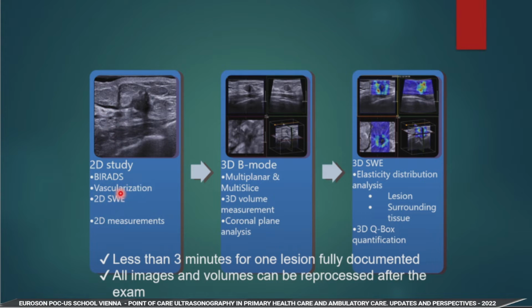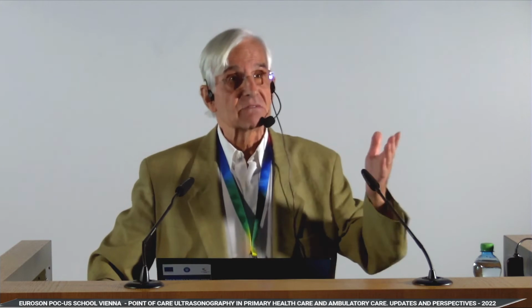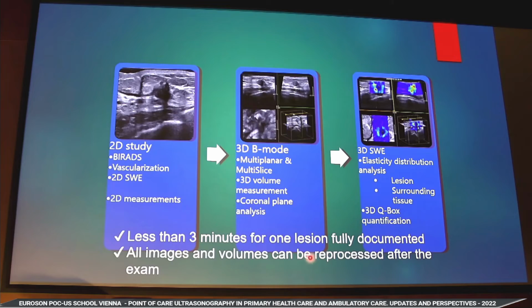Immediately, if you have the chance to have a 3D probe, you make a 3D plane analysis and the Shear, and it takes less than 3 minutes, and the lady can leave, and after that you make all the reprocessing analysis for the examination.